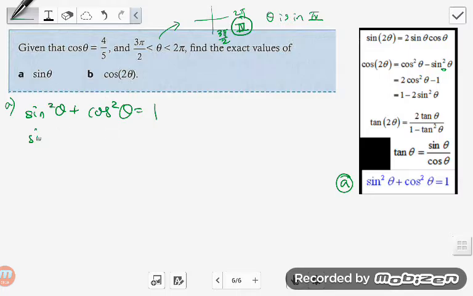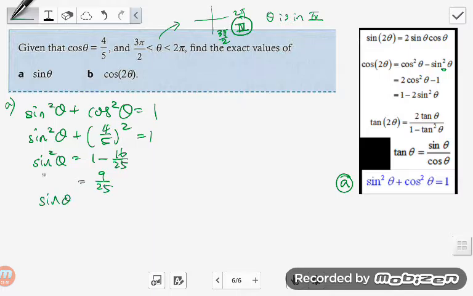My sine squared theta plus, so this will be 4 over 5, and the whole thing squared is equal to 1. So sine squared theta is equal to 1 minus that, minus 16 over 25, which will give us 9 over 25. And sine theta, in this case, I need to introduce the square root, right?